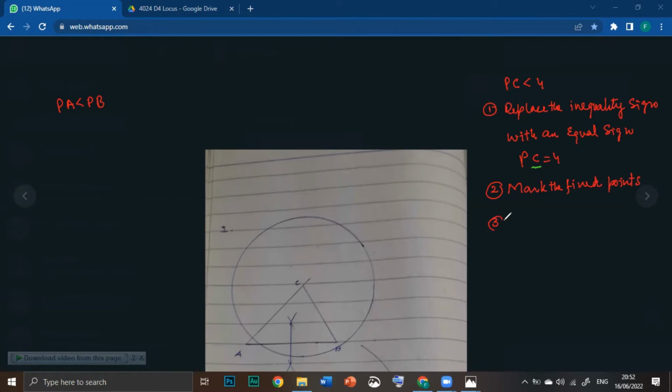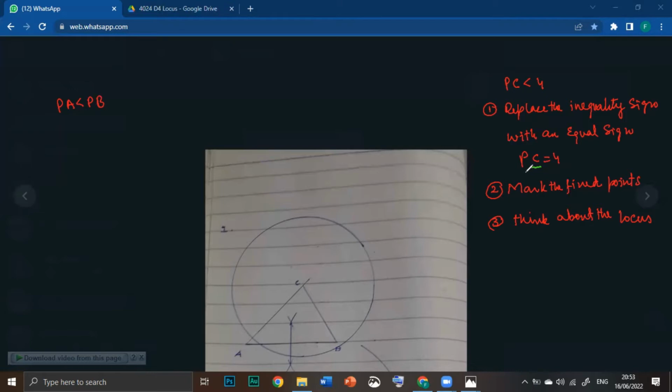The third step is think about the locus. Now, how will I interpret this PC is equal to 4?